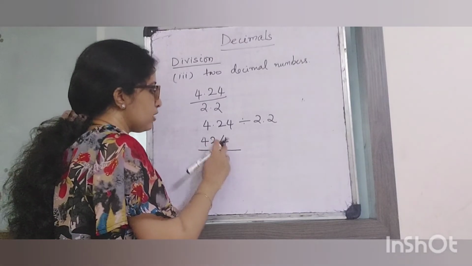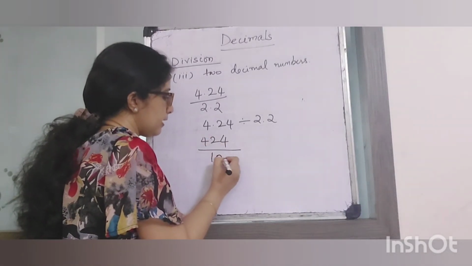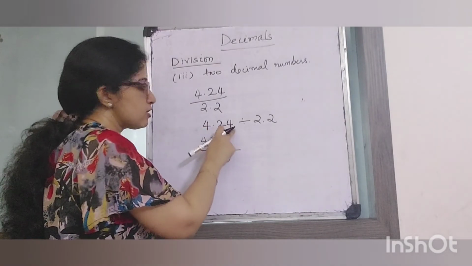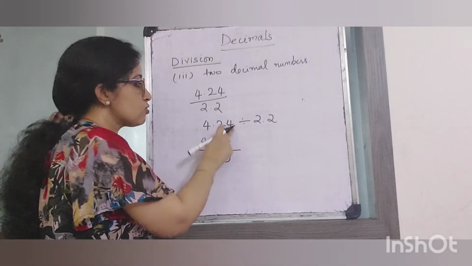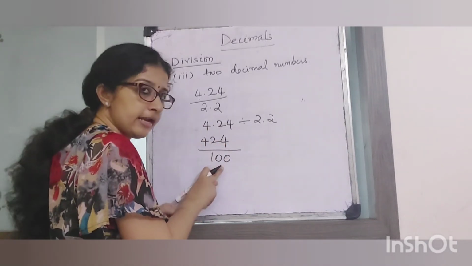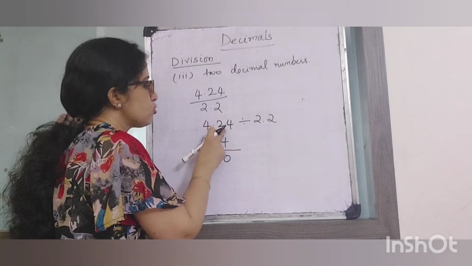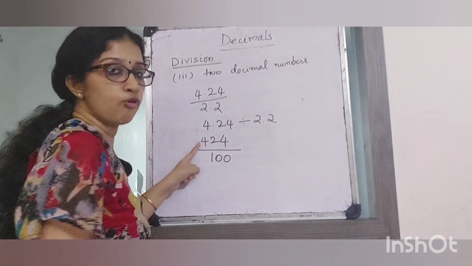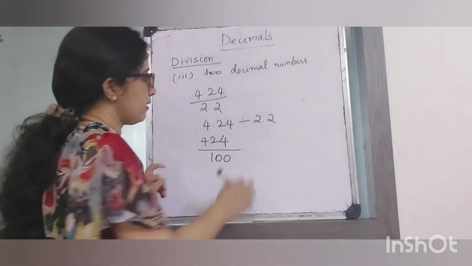This 424 should be divided by 100 to get this answer, right? Because there are 2 digits to the right hand side. So only if you divide 424 by 100 will you get 4.24. So 4.24 can be written as 424 divided by 100.